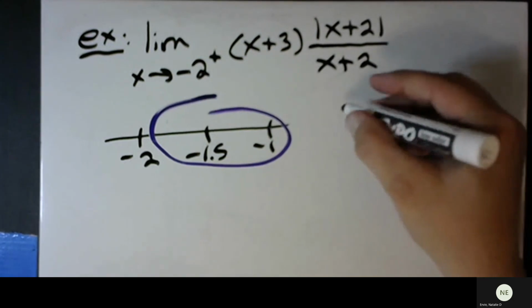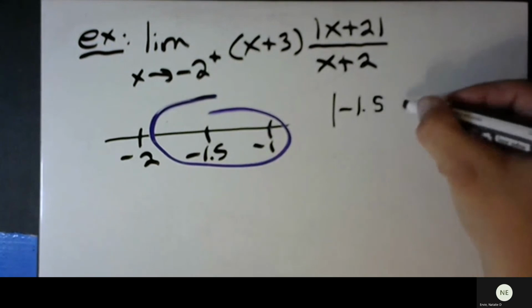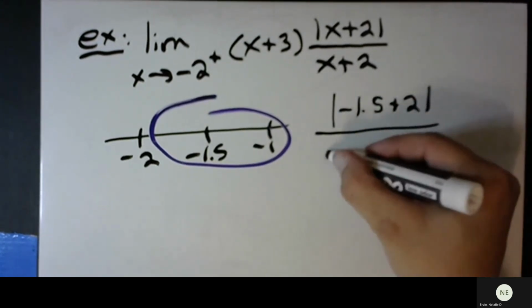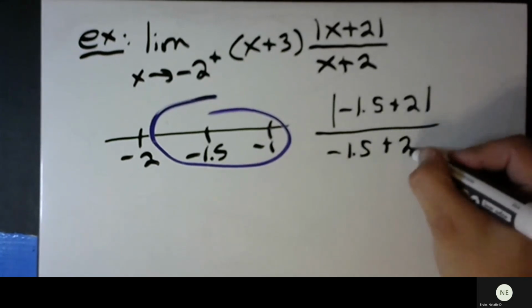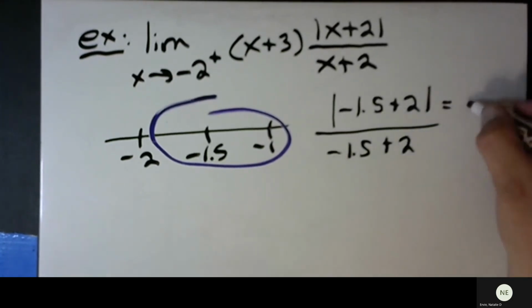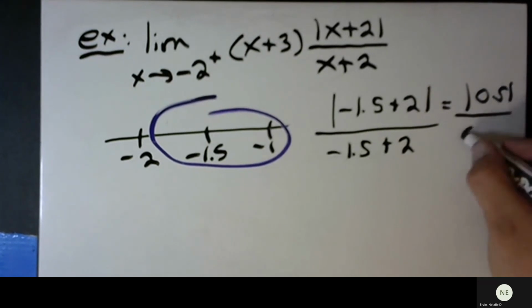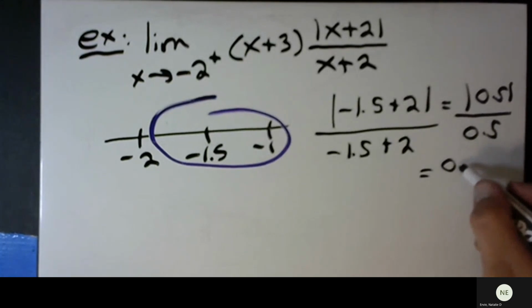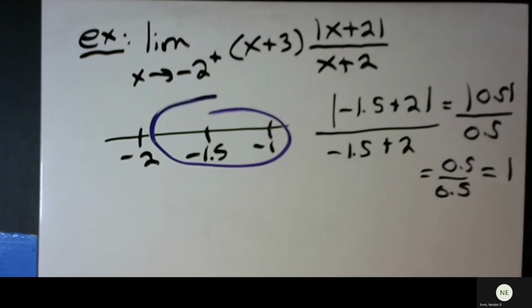So to get an idea what's going to happen here, choose one of these numbers, say -1.5. Well, this will be the absolute value of 0.5 over a positive 0.5, or 0.5 over 0.5, or 1.